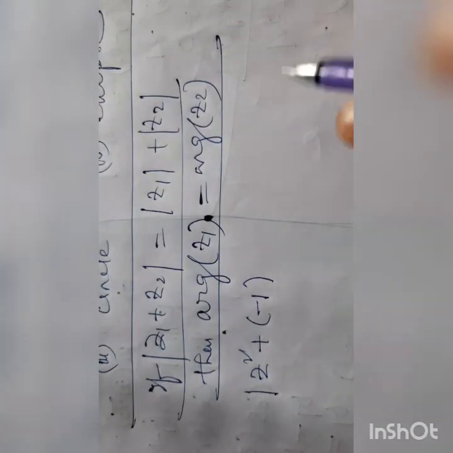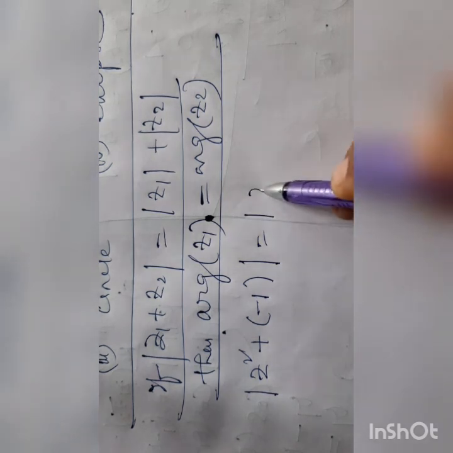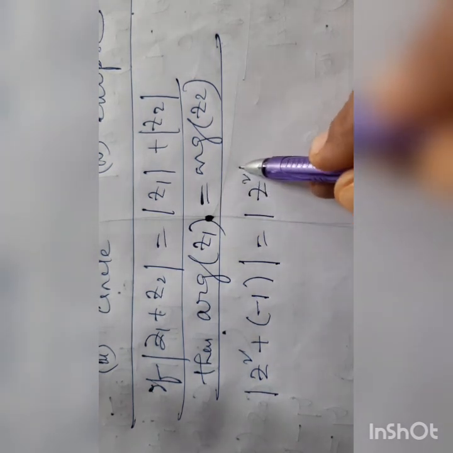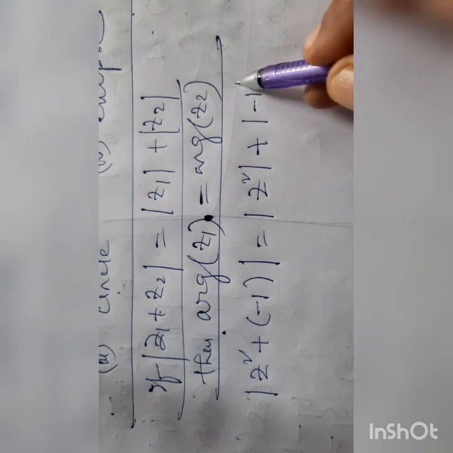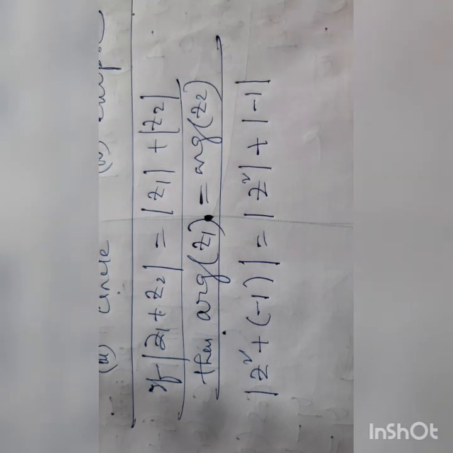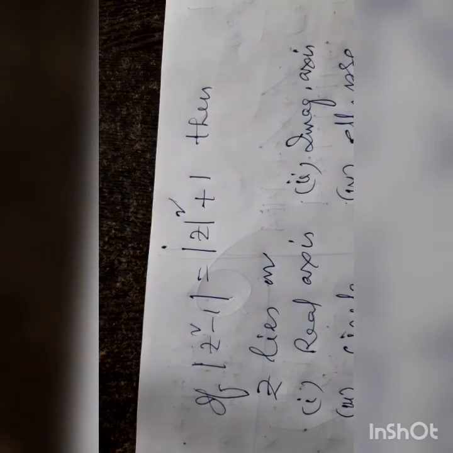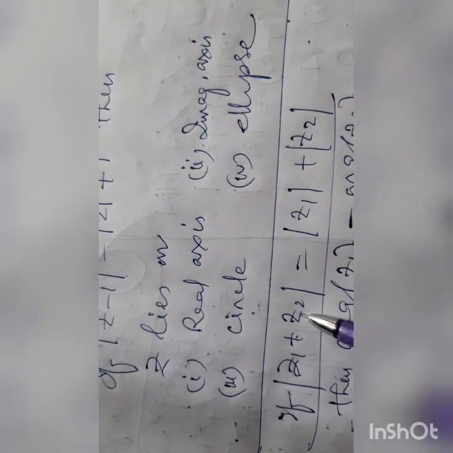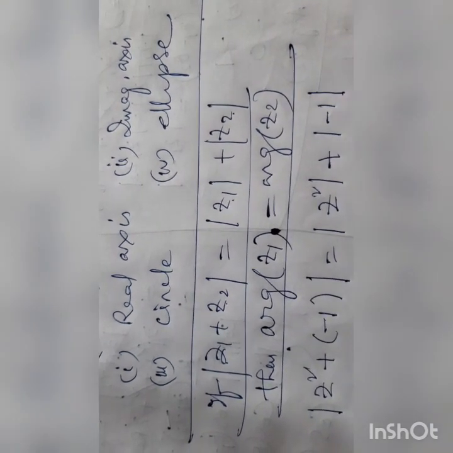I want to write like this: equals modulus z square plus modulus of minus 1, I will write. This is in the form of this one. You see, this is the form.